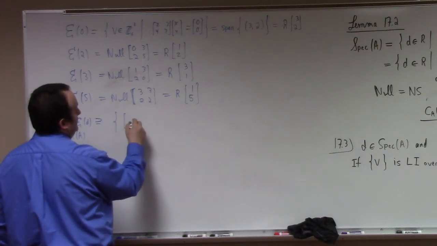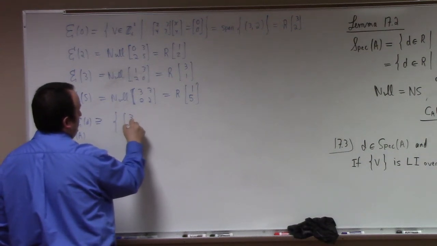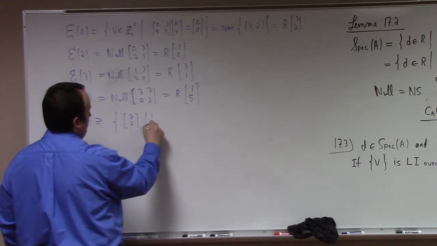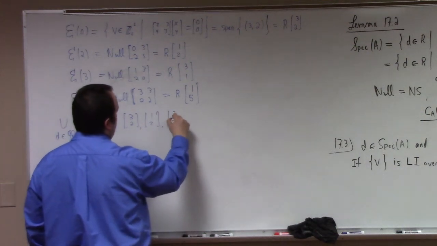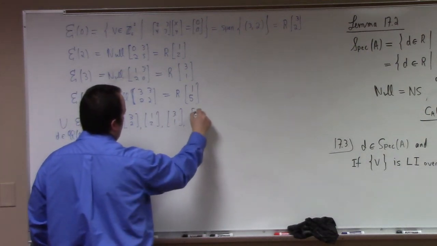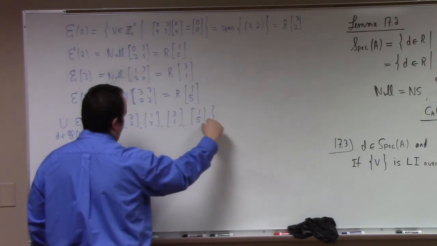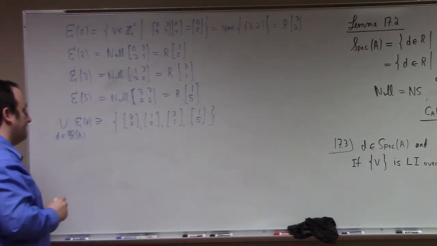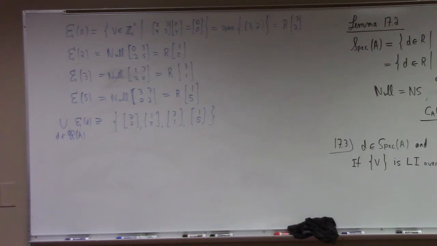You've got (3, 2), (1, 2), (3, 1), (1, 5). Does that contain a free module basis for 2-tuples in Z6?